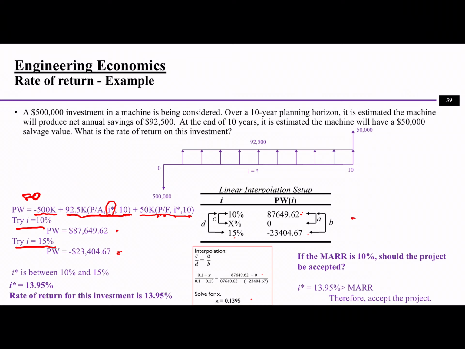We got 13.95%. Is it accurate? Not exactly. But it is close enough to the number if you calculate it by computer, right? Because if we are using this linear interpolation setup, it means we assume the relation of i with the PW is linear, but in fact it's not linear.